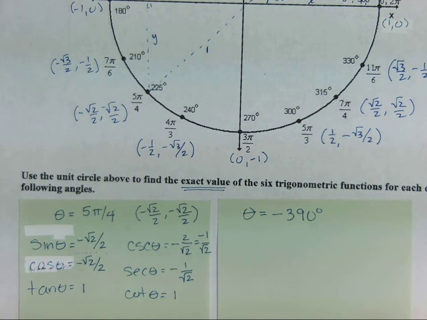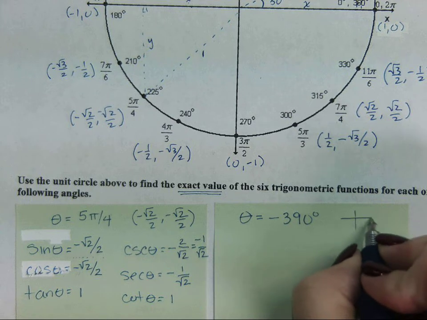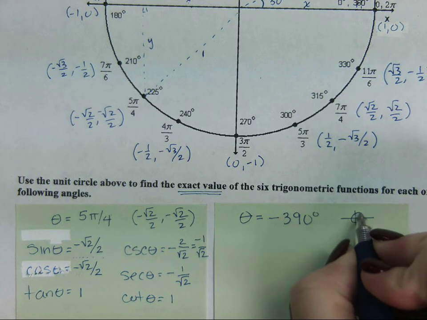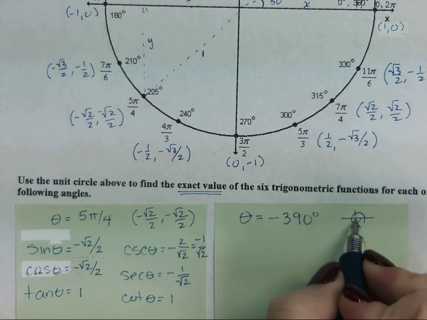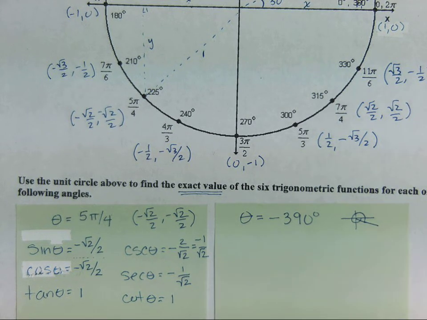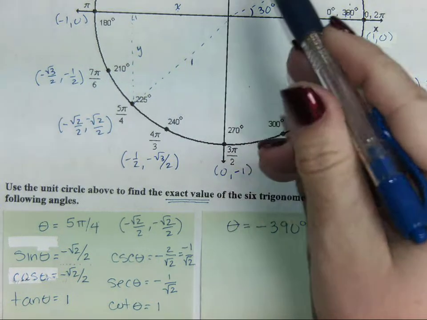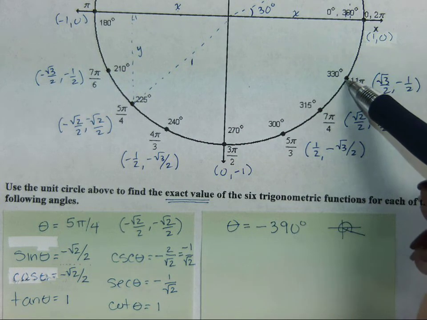So that's more than one rotation around the unit circle. That means I've gone this way and then a little bit extra. So you really do need to know that extra piece, because what that means is that I've actually gone all the way around and then an extra 30 degrees. So what I've done is I've actually stopped right here at this 330 degree mark.